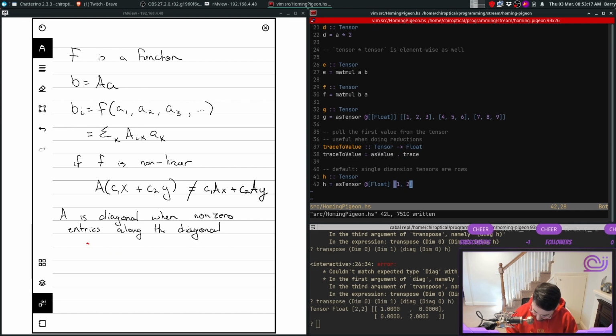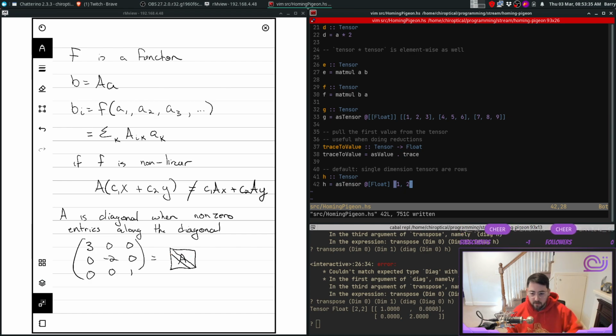So this is a diagonal matrix: 3, 0, 0, 0, 0, 0, 1. Some people will write this pictorially, where all the values are along the diagonal.